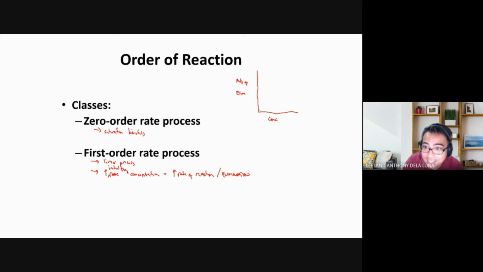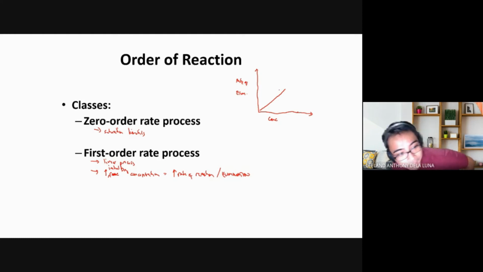So as I increase concentration, ano nangyayari sa rate of elimination ko? Bumibilis din. Maliwanag? Okay. So as I increase plasma concentration, the rate of elimination also increases proportionally. Now that's a first order process.